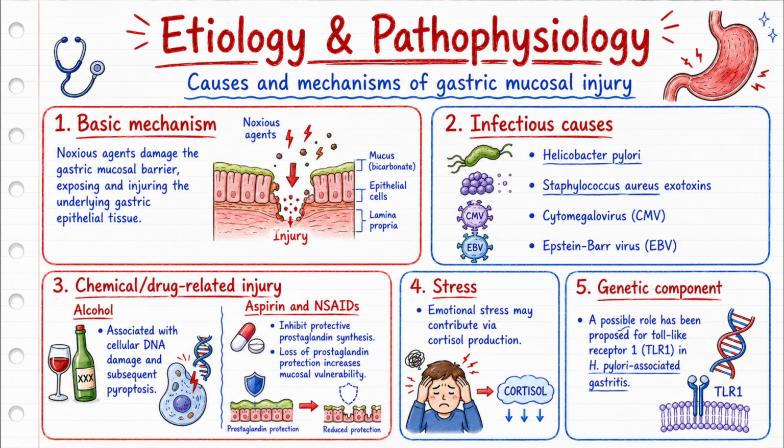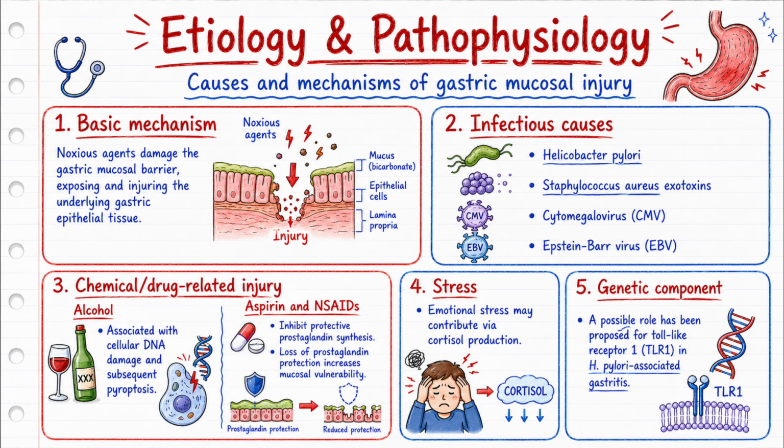Normally, the stomach is protected by a mucosal barrier that includes mucus, bicarbonate, epithelial cells, good blood flow, and prostaglandins. Gastritis develops when damaging factors overwhelm these protective mechanisms. For example, H. pylori causes chronic inflammation of the gastric mucosa.